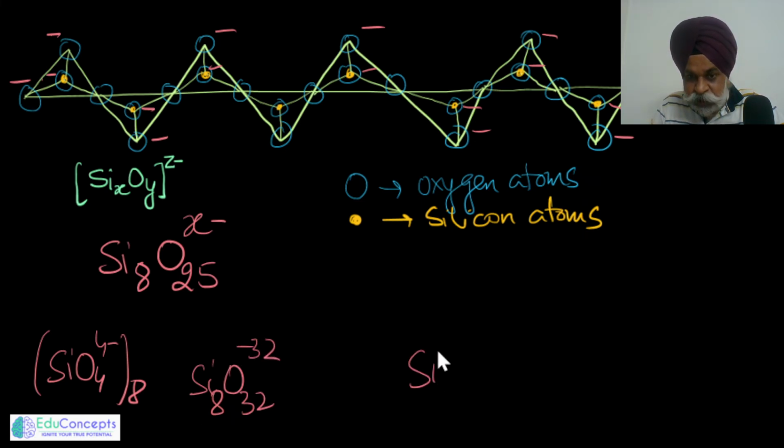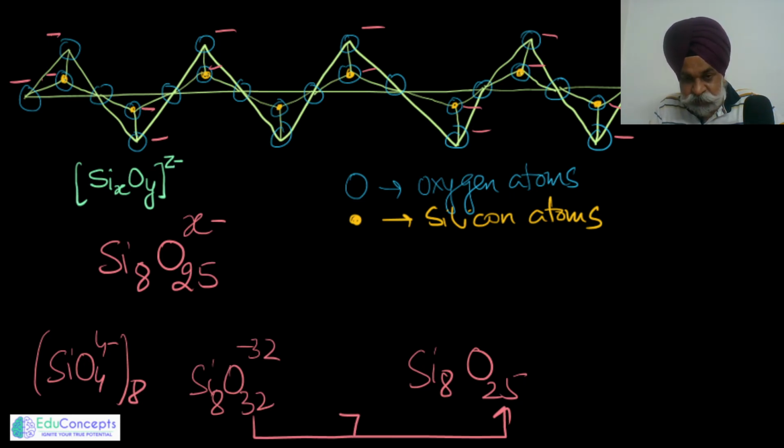Actual oxygen you want has to be 25. So you decreased how many oxygen atoms? You decreased 7 oxygen atoms. I think I made my point clear. So when you are decreasing 7 oxygen atoms, the negative charge would decrease by a factor of 14.